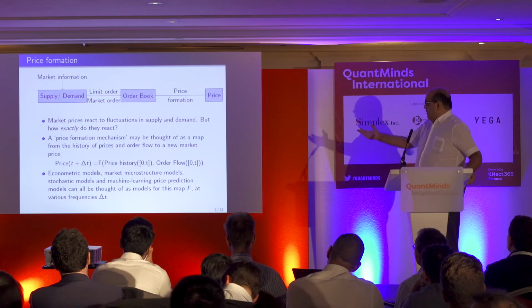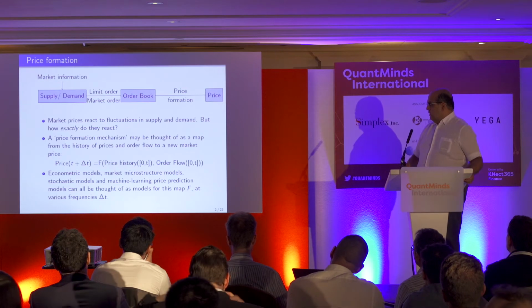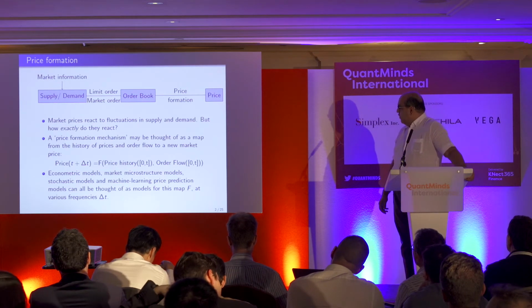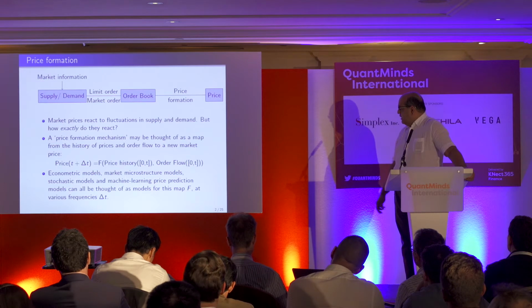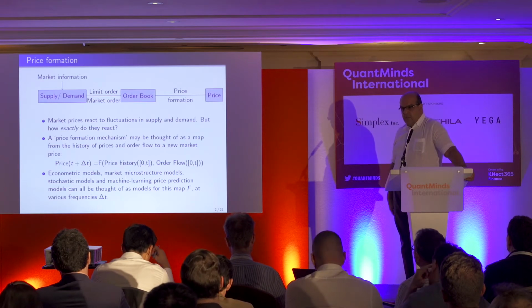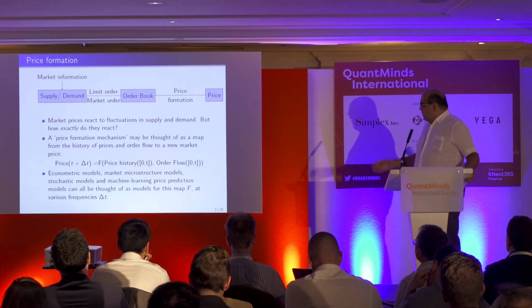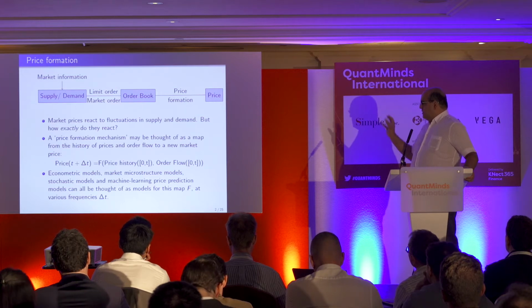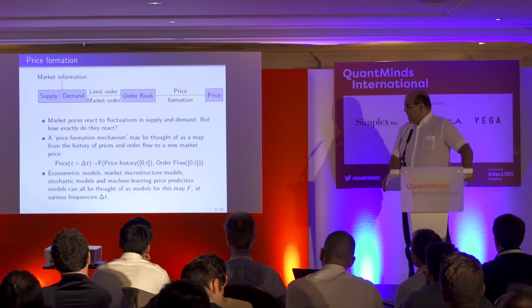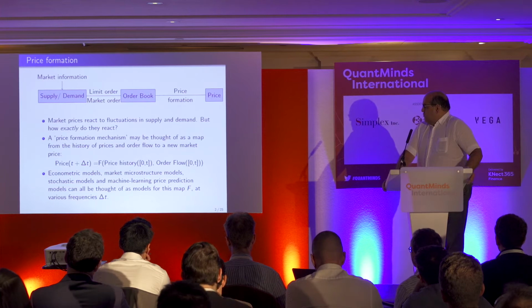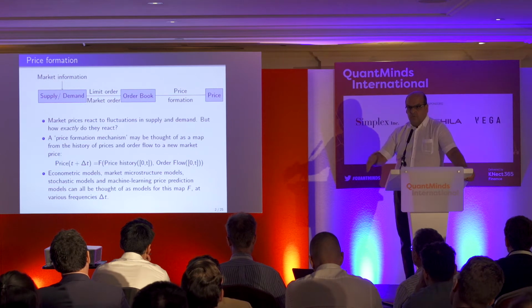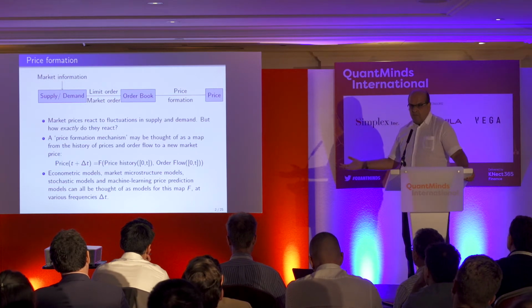Ideally, we have all this limit order book data, we have the order flow up to time t, and we have the price history and perhaps other things. And we would like to build a map which maps this to the next price, to tell us where the next price will be. That's what I call a price formation model. This map, call it F here, can depend on only the instantaneous state of the limit order book. It can depend on the history of the limit order book.